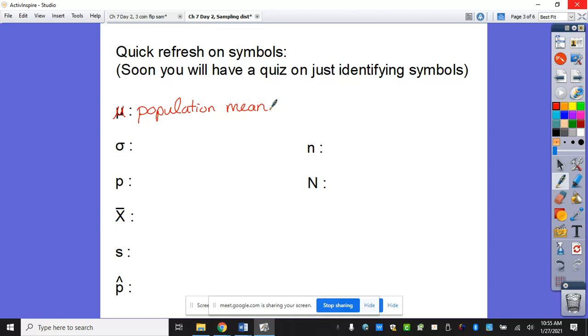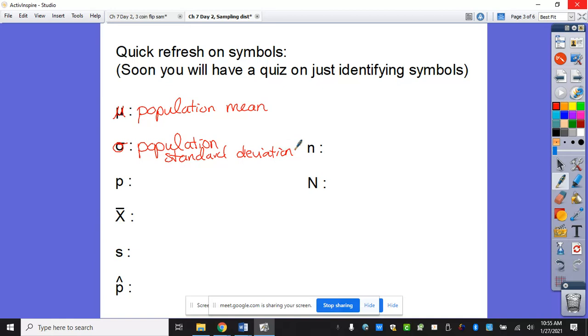This next one is sigma. Again, sometimes the type looks a little bit funny. What does sigma stand for? Of the... What does P stand for?